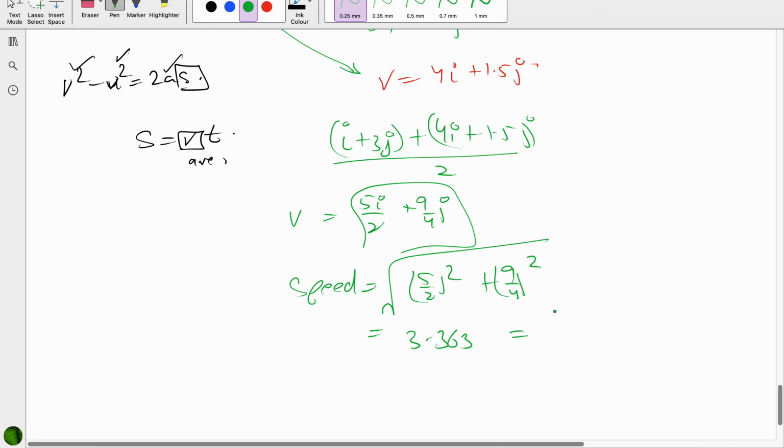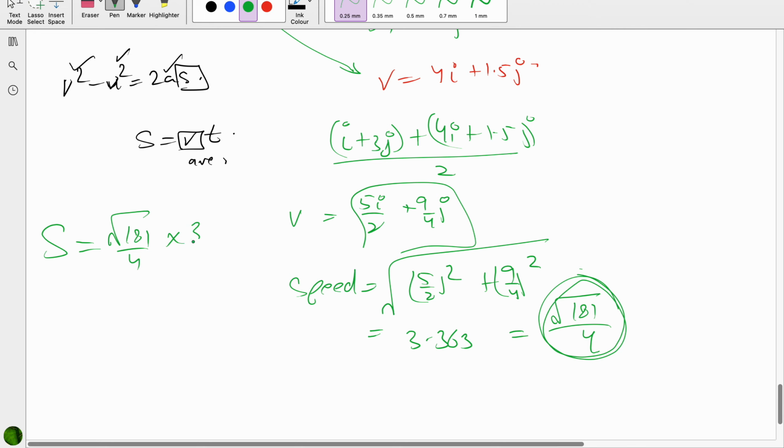I also have the exact form, which is square root 181 by 4. Now you have the speed. So displacement is equal to speed times the time. So it covers a distance of 10.09, or approximately 10.1 meters. Clear?